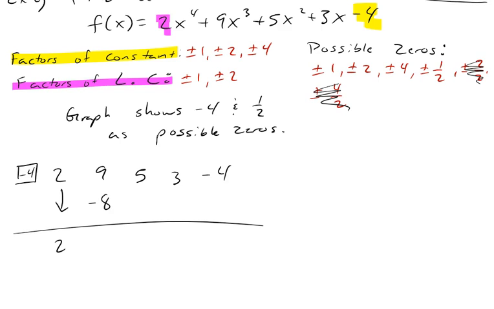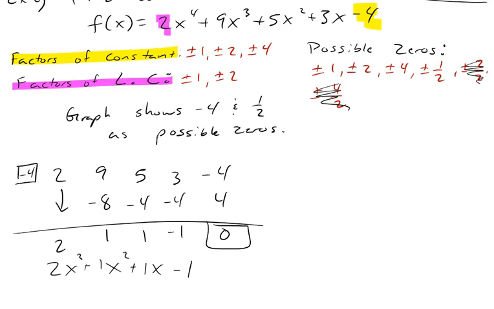Multiply, add, multiply, add, multiply, add, and multiply. That gives me 0, which means it is a factor. This leaves me with negative 1, 1x, x squared, and 2x cubed.